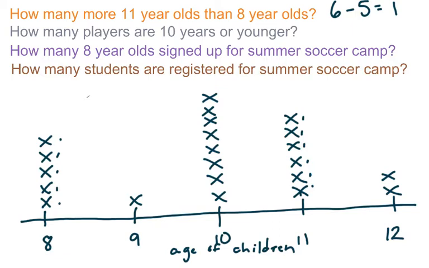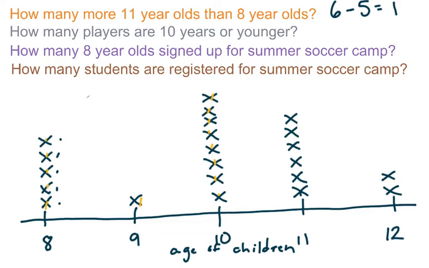The second question, how many players are 10 years or younger? Go ahead and count that up on your own. Well, 10 years or younger, you actually would include the 10-year-old. So 1, 2, 3, 4, 5, 6, 7, 8, 9, 10, 11, 12, 13, 14.